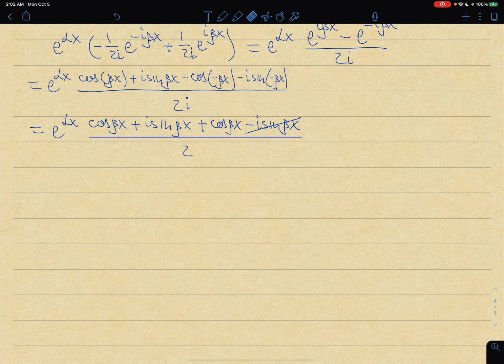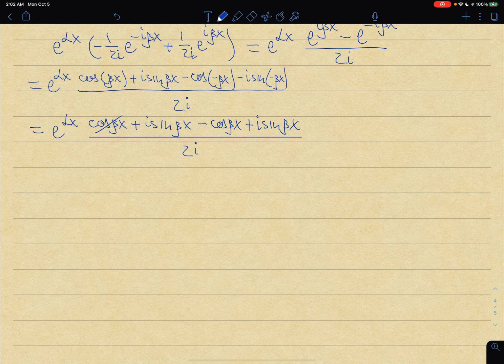Sine of beta x is still the same thing, because this didn't change. Cosine of minus beta x is cosine beta x, but now there is a minus sign in front. And for this guy, it is plus sign instead of minus sign. And there is 2i on the bottom.